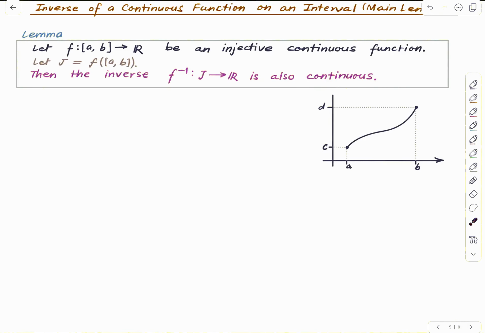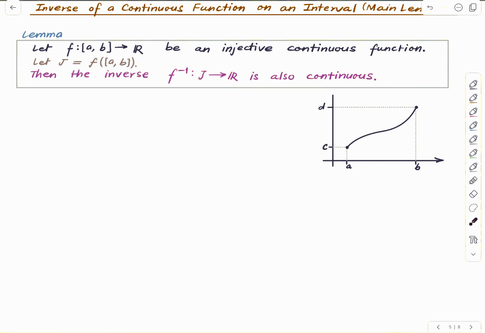Okay. So now for one of the main theorems that we want to discuss. Suppose we have a function f from a closed interval to R and assume that this function is injective and continuous. And let J be the image of the domain of f. Then we want to say that the inverse of f going from the image to the real numbers is also a continuous function.